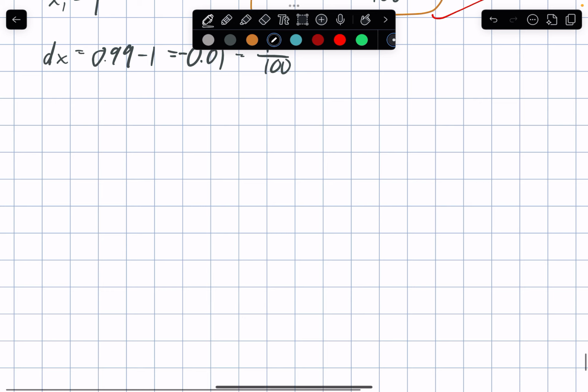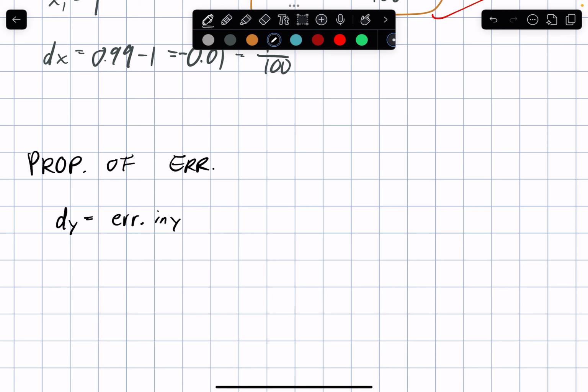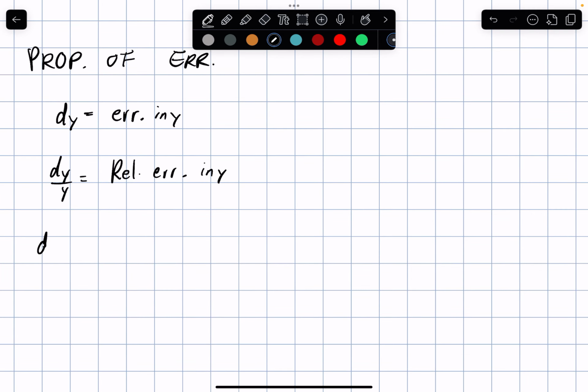So, let's say dy is the error in y. dy over y is the relative error in y. Therefore, dy over y times 100% is equal to the percent error in y.